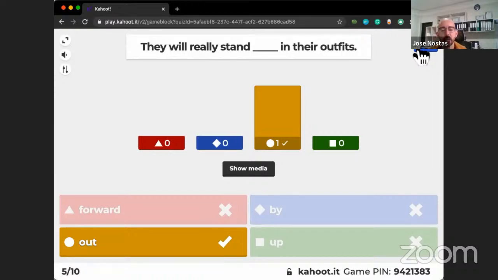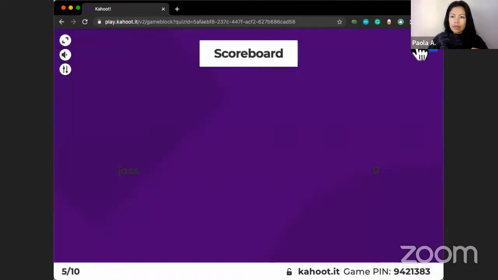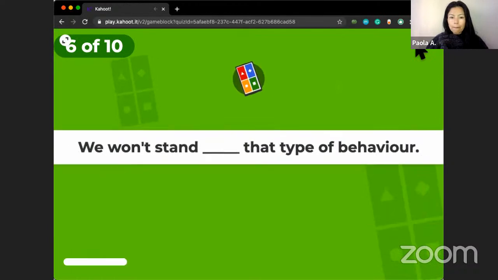So stand out is like, from all the people having a regular outfit, they stand out for their outfits. They look maybe more polished, or they look better, or they're wearing really nice clothes. Stand out is like sobresalir. No? Stand out. Next.